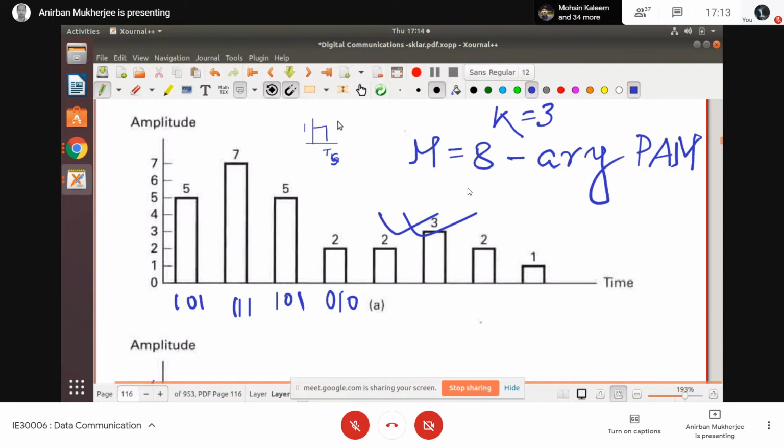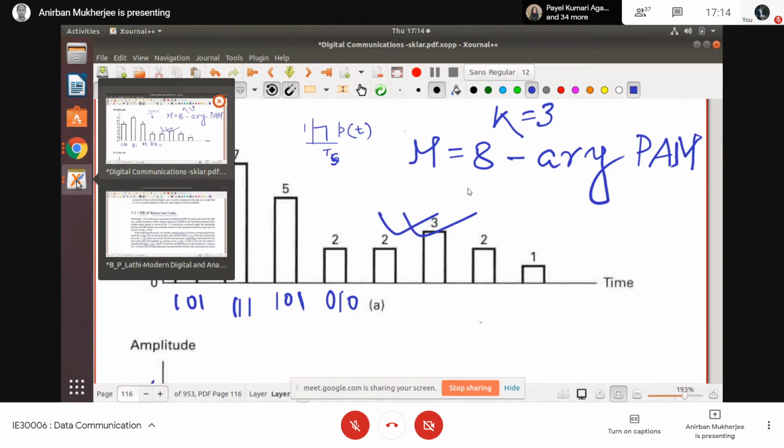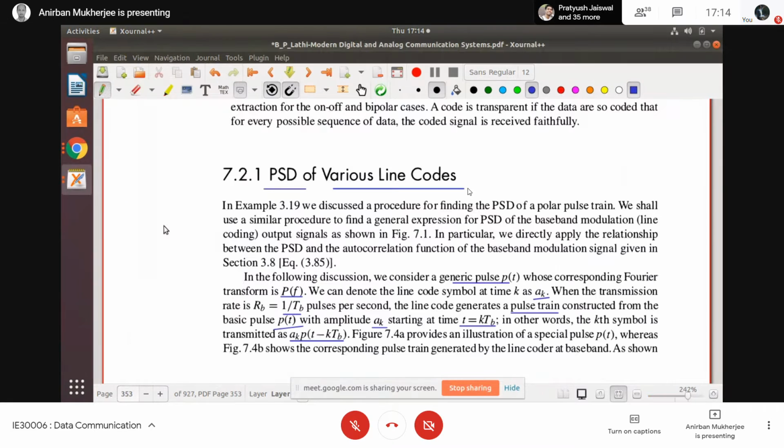Now what I am doing is, I can represent this as 5 p(t) plus 7 p(t minus T_s) plus 5 p(t minus 2T_s), then plus 2 p(t minus 3T_s), something like that. The same thing I am doing with the generic p(t).